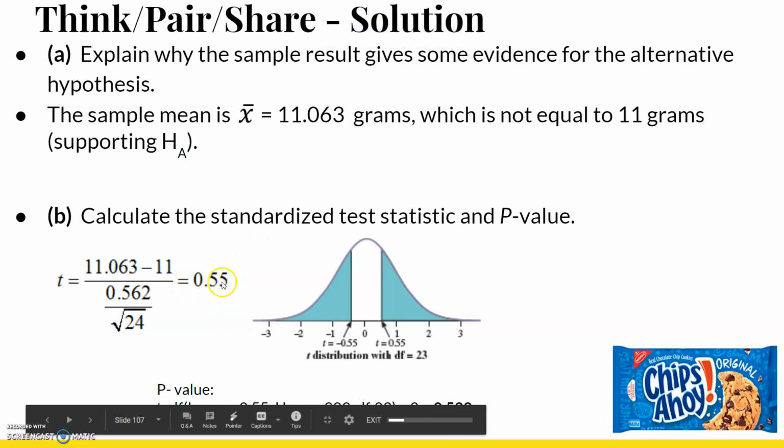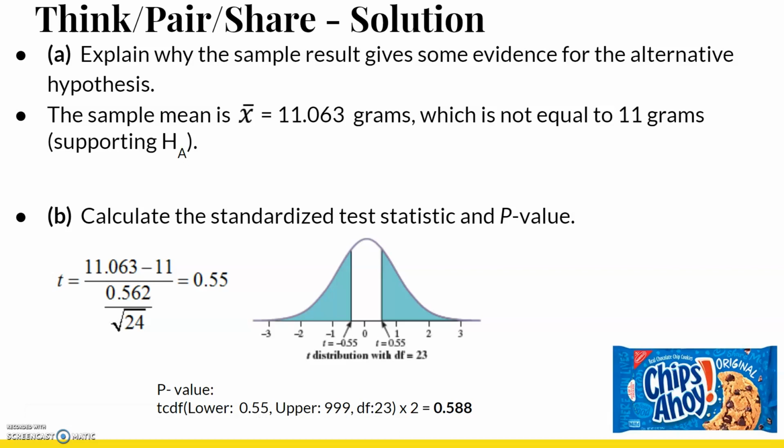All right, so once you get your test statistic of 0.55, our p-value will be found using t-CDF. So you go second vars on your calculator, and again, not the normal CDF, but t-CDF, and you type in lower 0.55, upper 999, 23 degrees of freedom.